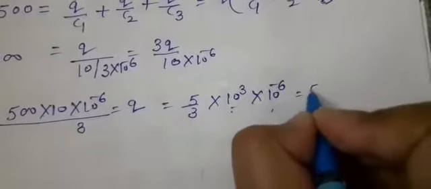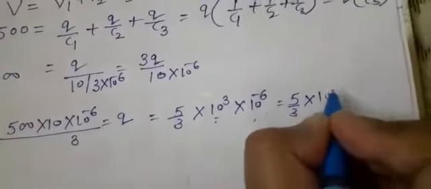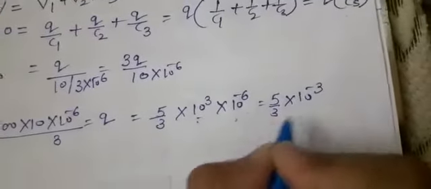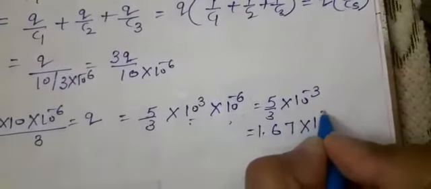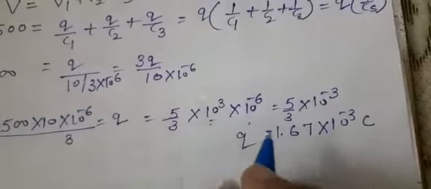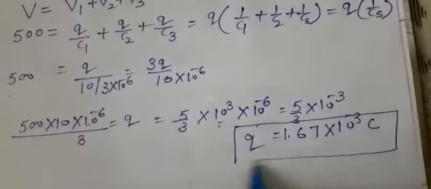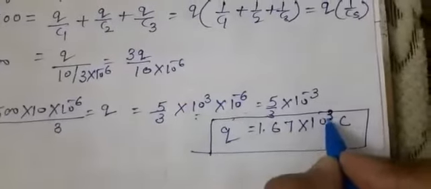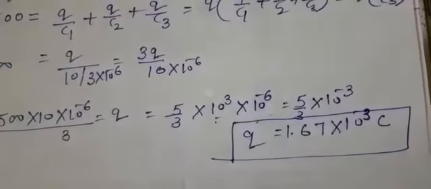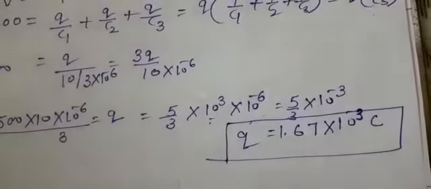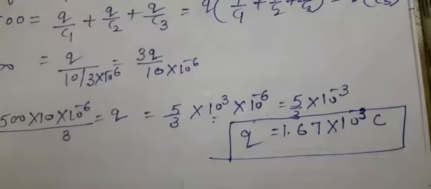Arrange it: 5 by 3, 10 raised to the power minus 3. So this is 1.67 into 10 raised to the power minus 3 coulomb. This is the charge on each of the three capacitors C1, C2, C3, because these are connected in series and for series combination charge is the same.